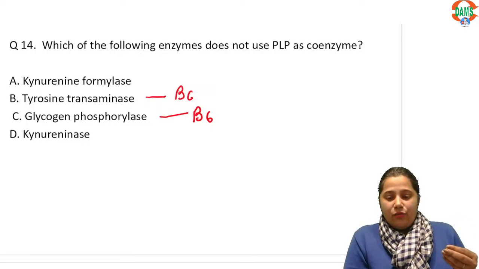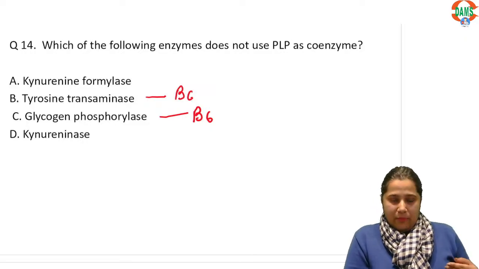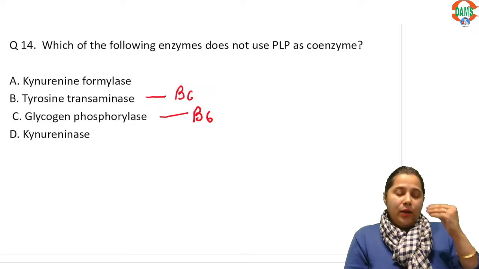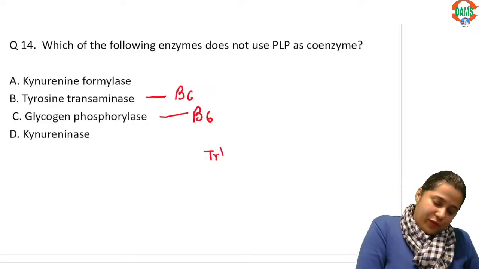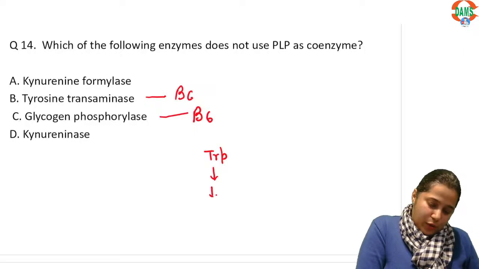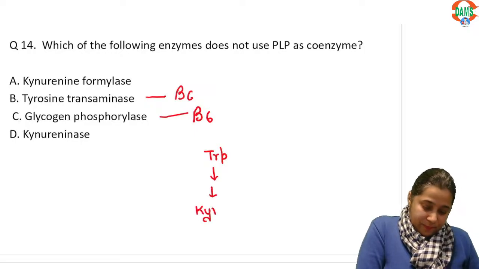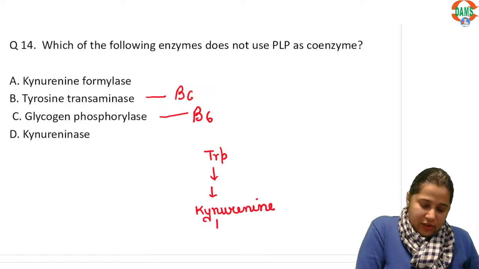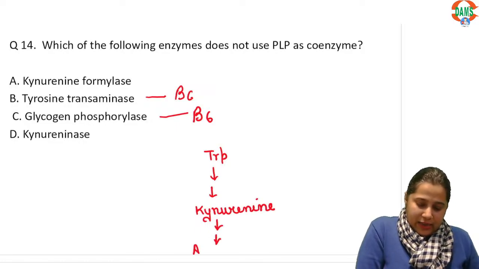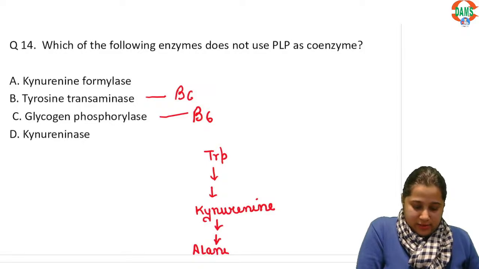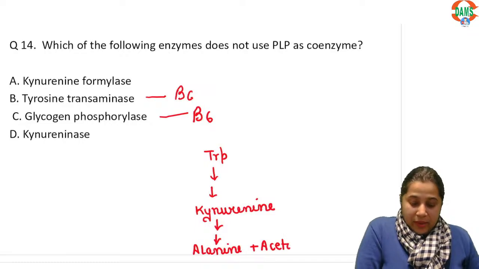Kynureninase is the basis of the kynurenine metabolic pathway. Tryptophan via a series of reactions is converted first to kynurenine, which by the enzyme kynureninase is then converted to alanine and acetoacetate.